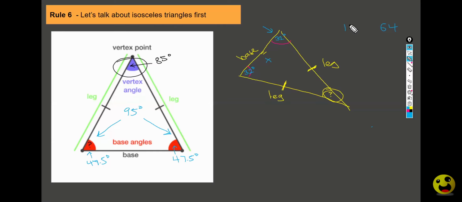We know a triangle is 180 degrees. So if these two add up to 64, you minus it from 180 to get the balance. Most people are getting it correct. This angle will be 116 degrees. You're just minusing 180 and 64, where the 64 is the 32 plus the other 32, right? Easy stuff.